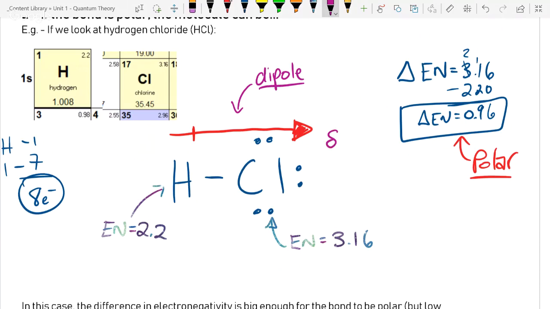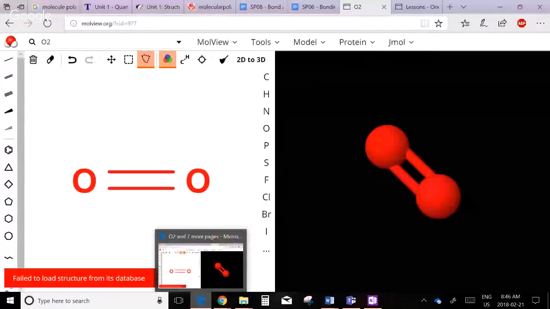In fact, we would say that this side of the bond has the electrons more often. That's where the arrow points. The arrow points where the electrons spend more time. So this side of the molecule will take on a slightly negative charge, and this side of the molecule would take on a slightly positive charge. And this is what we call a dipole.